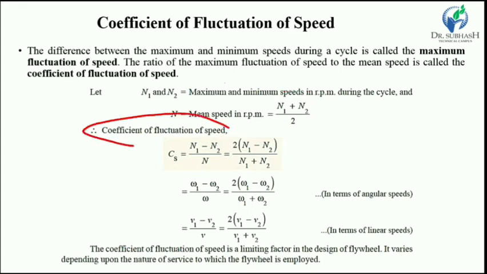Now the coefficient of fluctuation of speed is denoted by Cs. According to the definition, it is the ratio of the maximum fluctuation of speed, N1 minus N2, to the mean speed.